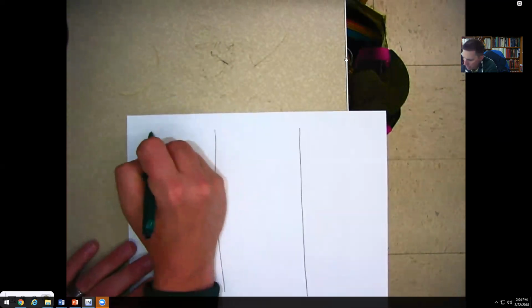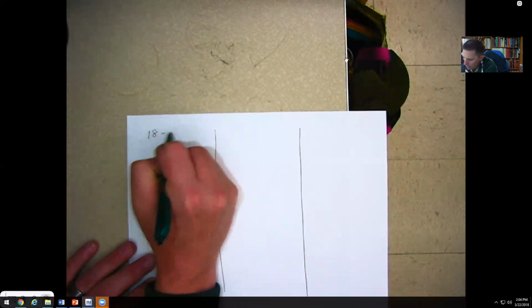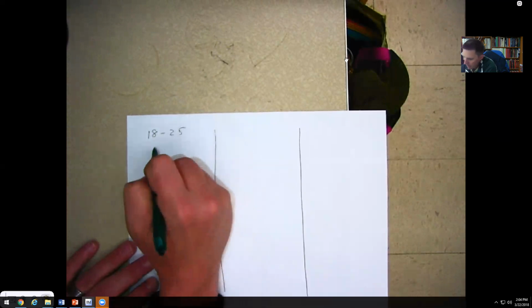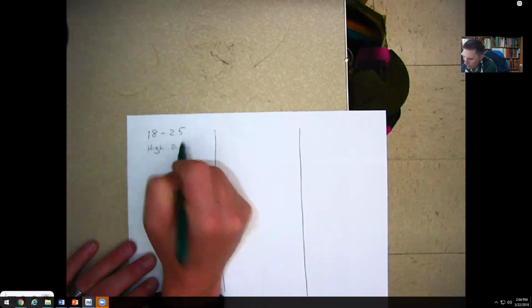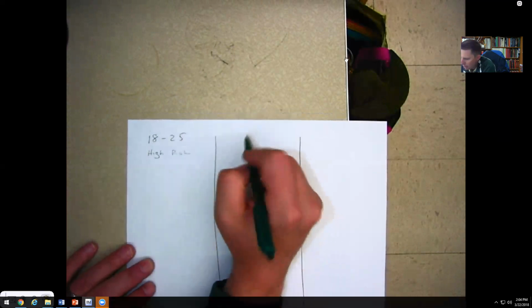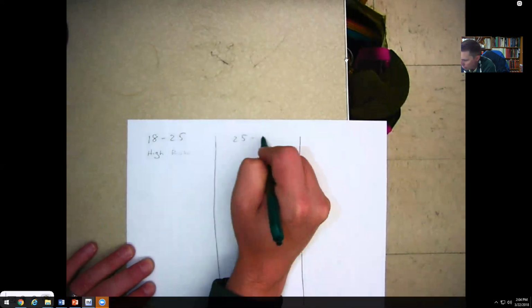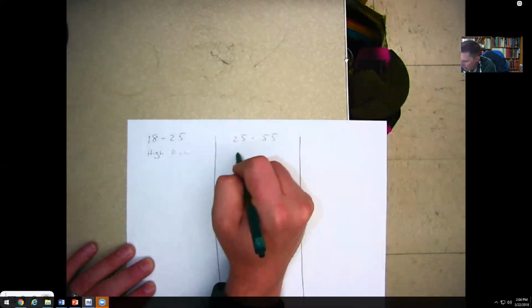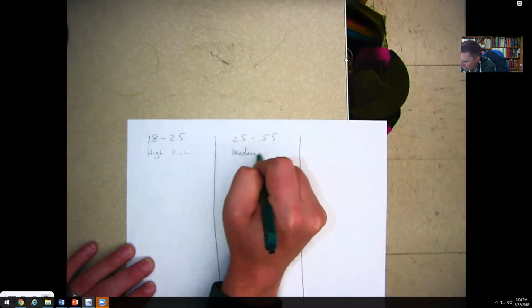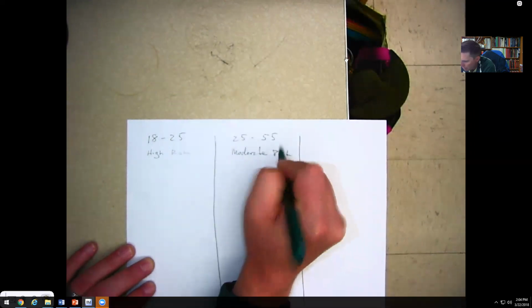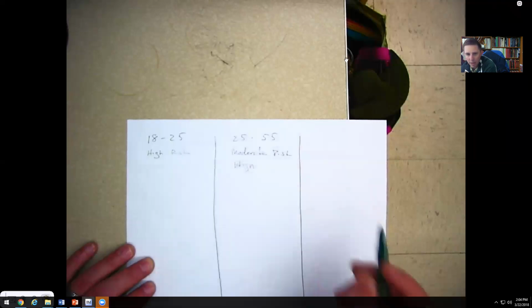As I did in class, maybe it's something as simple as I'm going to focus age 18 to 25, and I'm going to be fairly high risk. And then I'm going to do 25 to maybe 55, and I'm going to be moderate risk, maybe moderate to high risk. And I'm just making this up right now.